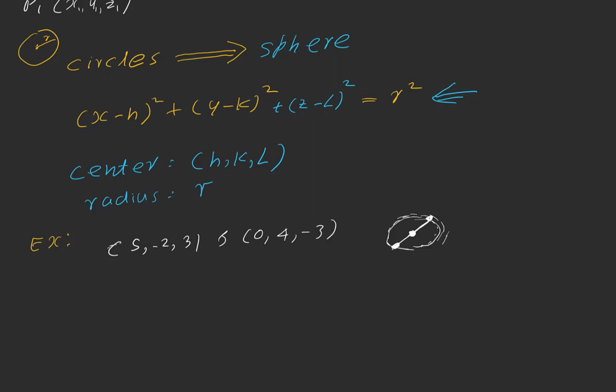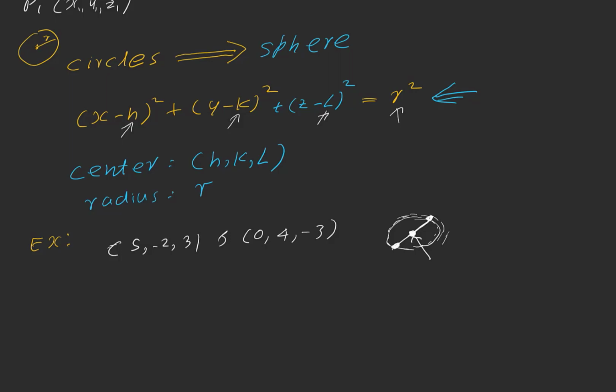Okay, this is the way. First we will find the center, because to find the equation we need center h, k, l, and we need a radius. So center is the midpoint of a diameter.